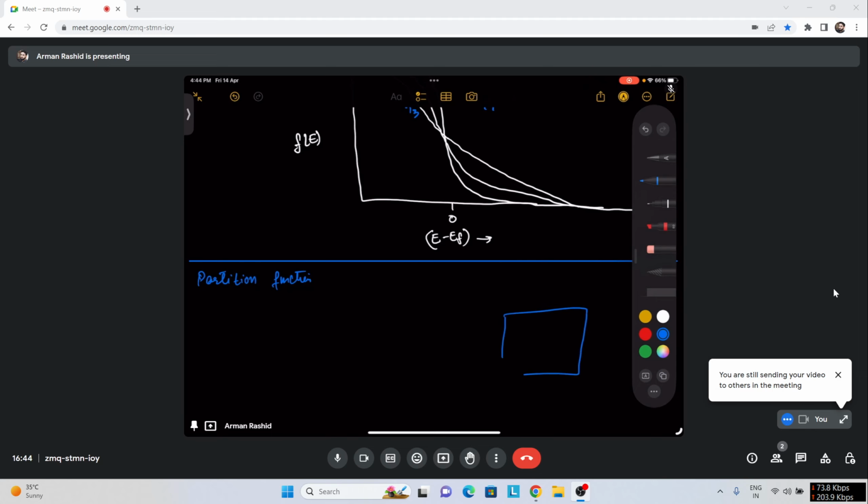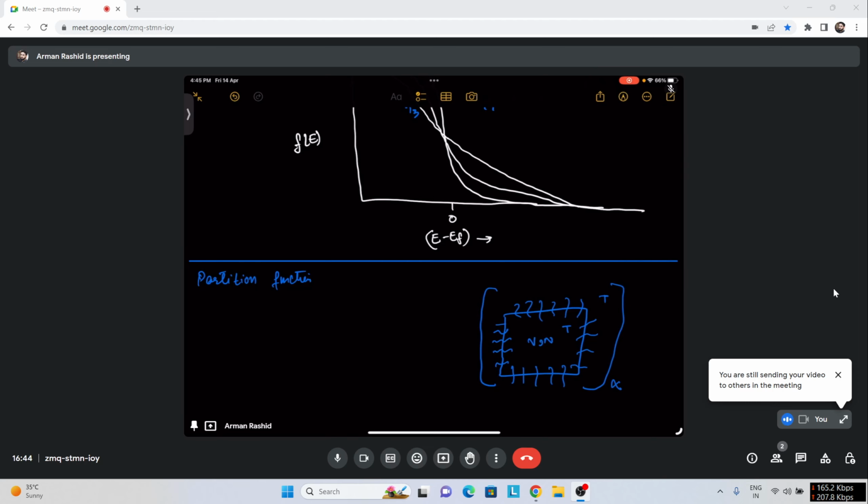We have a system like here, and it is able to radiate heat in all directions. The temperature outside and inside is then T. Now volume and the number of particles are constant. A collection of this kind of system comprises an ensemble called a canonical ensemble. If we repeat this system an infinite number of times, we call this the canonical ensemble.